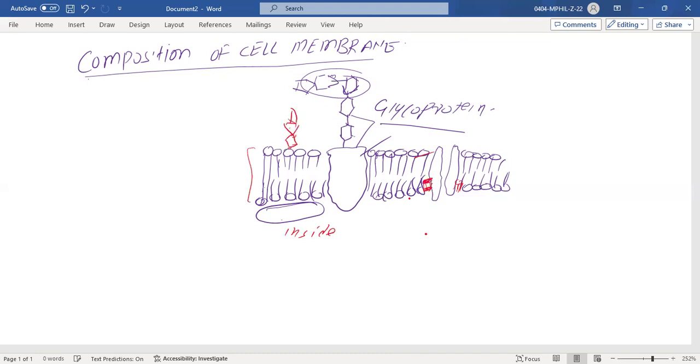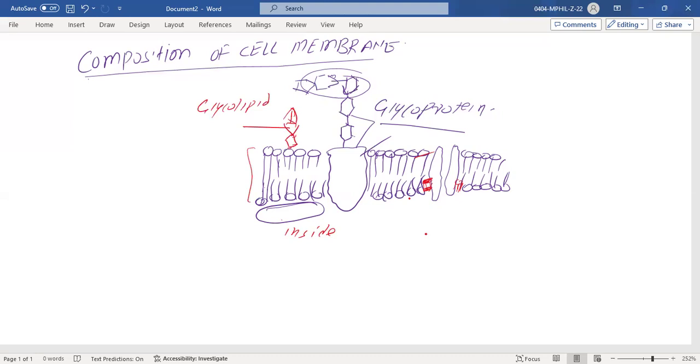So it would be a glycolipid because it is directly connected with the lipids, phospholipids, which are present in the cell membrane. So what we have learned here is how these structures are present.